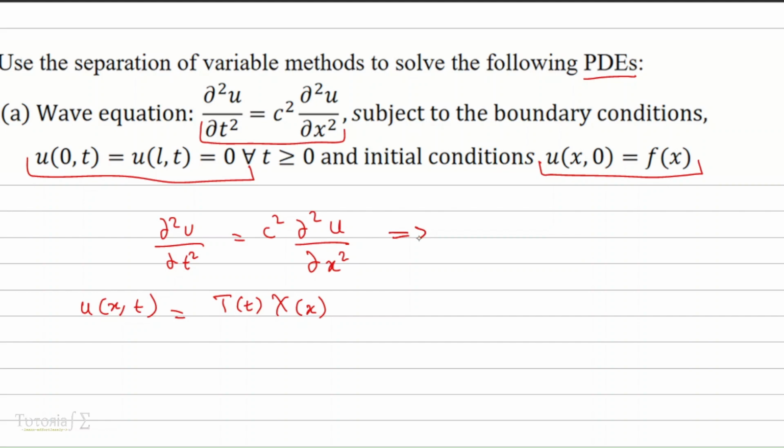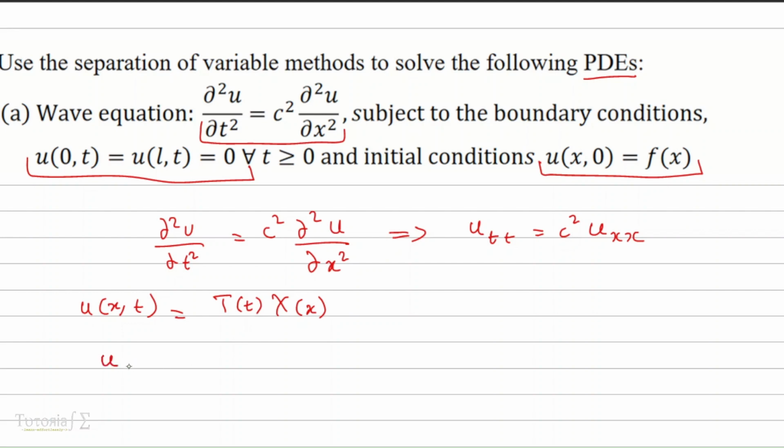Remember, this is just the same thing as u_tt equals c squared u_xx, so that it's easier to write. We differentiate u with respect to t two times, so only the t part will be affected because x is acting like a constant.